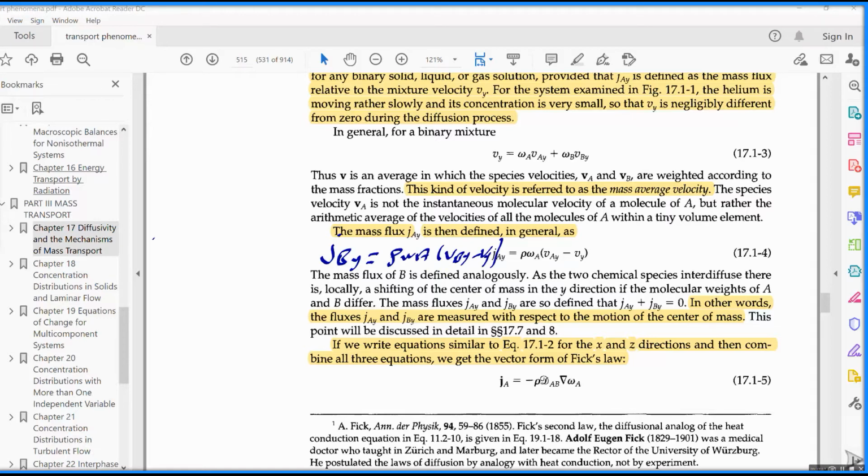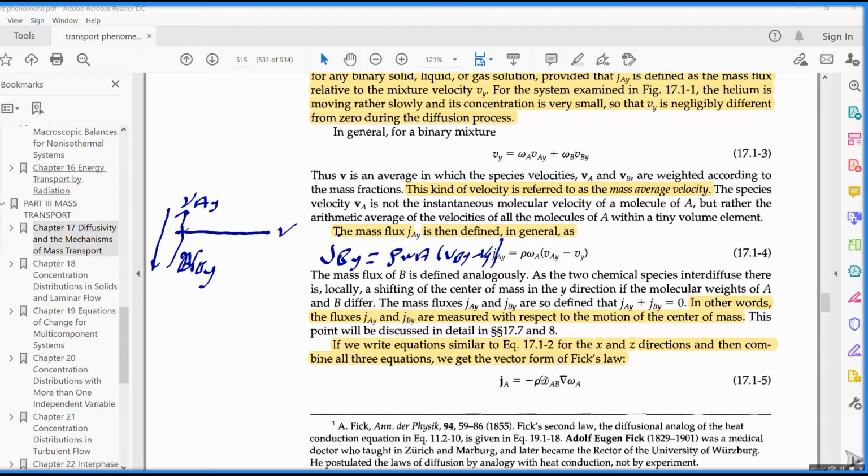Let's say we have some center velocity of the mixture. We call this the average velocity of the mixture. Then let's say we have some average velocity of the species A and average velocity of the species B. Because of the concentration difference, the species A is going to move in this direction, and species B is going to move in this direction.